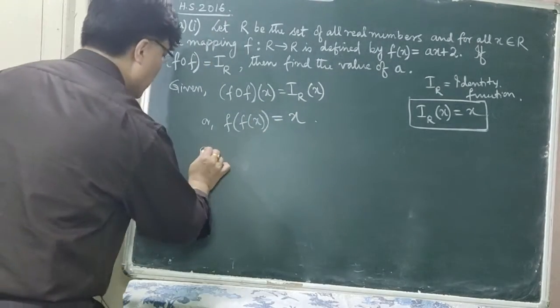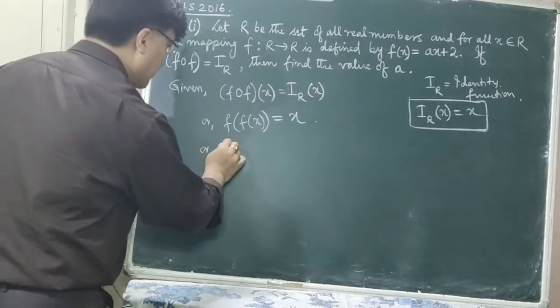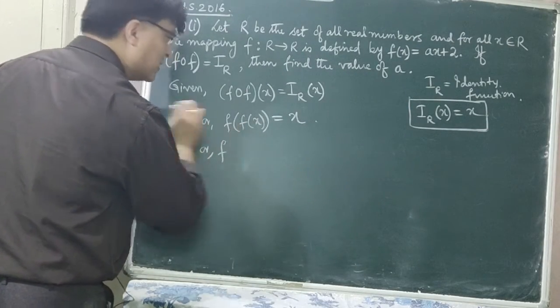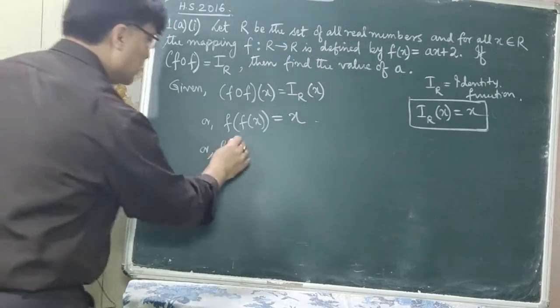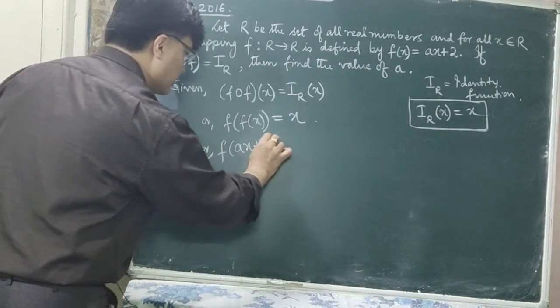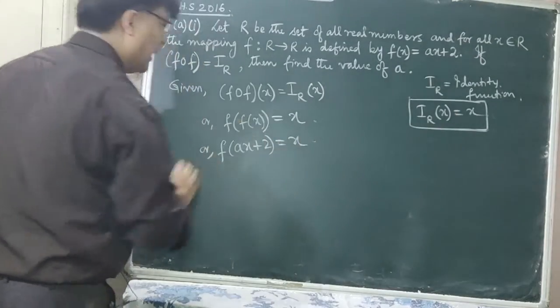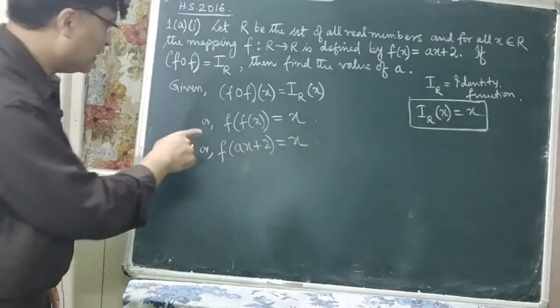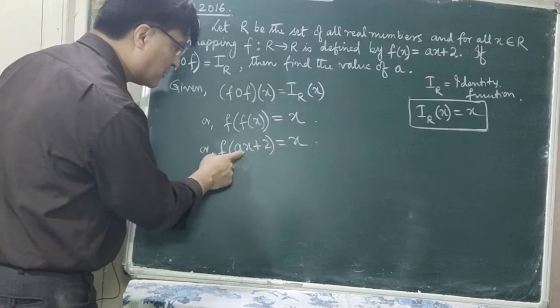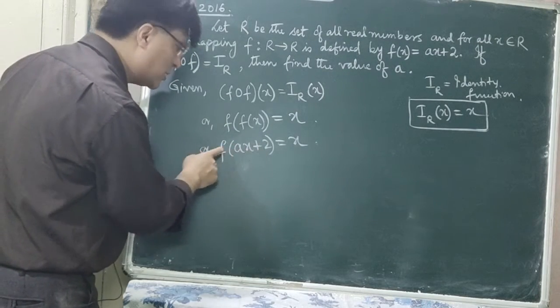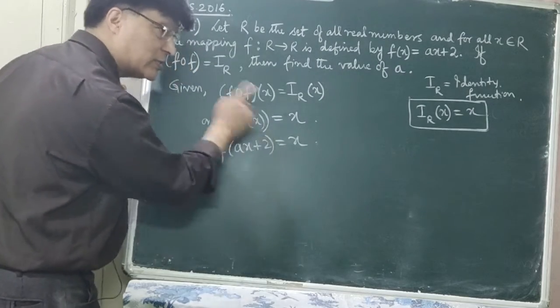Okay. So what is f of this? Now within bracket there is f of x. You can put the value for f of x from given. What is that? This is ax plus 2, which is equal to x. Now again, this is f of x. Instead of x there is ax plus 2. This is also the form f of x, which is equal to x.